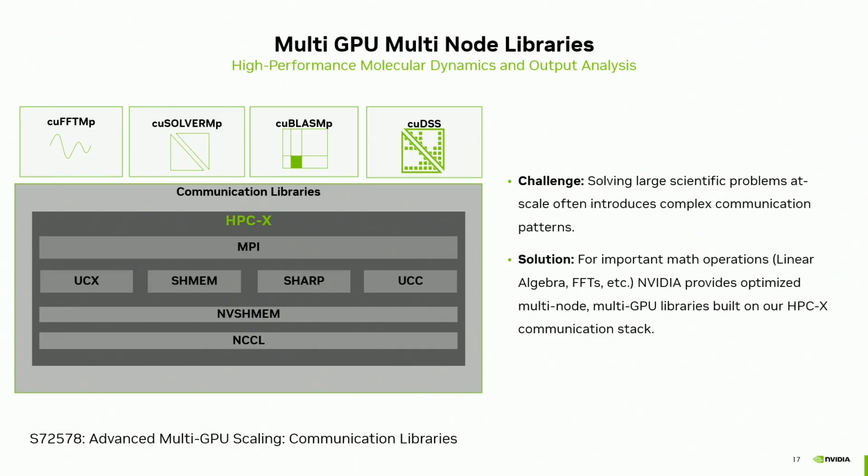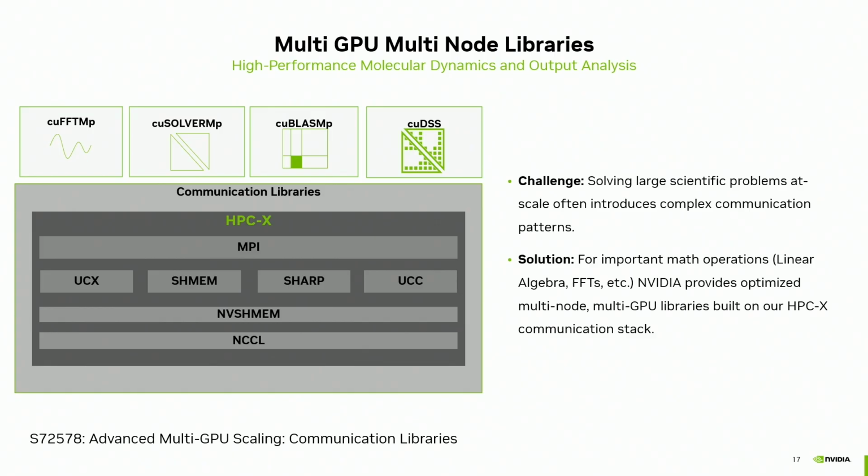Now, managing computation and communication in a machine is very hard. Our multi-GPU and multi-node libraries enable you to run larger problems, and we handle the complexity of communications and distribution for you to scale your problems to higher levels.